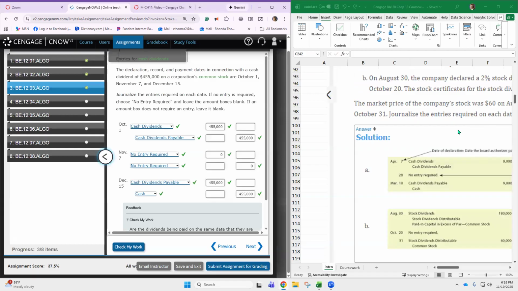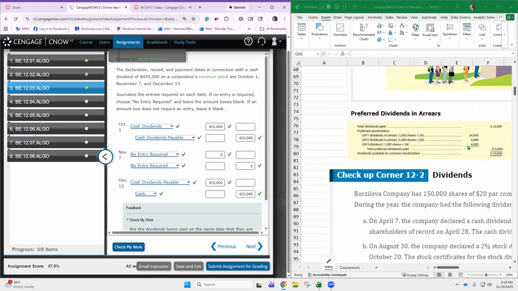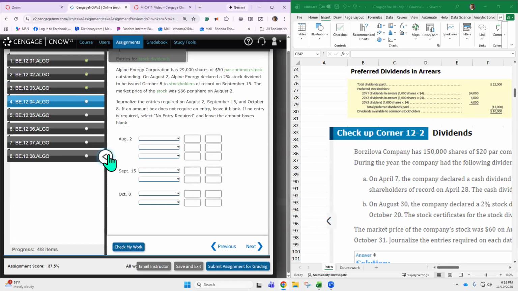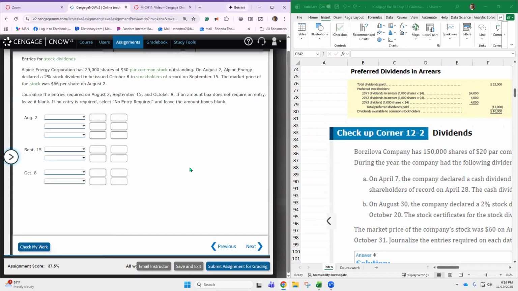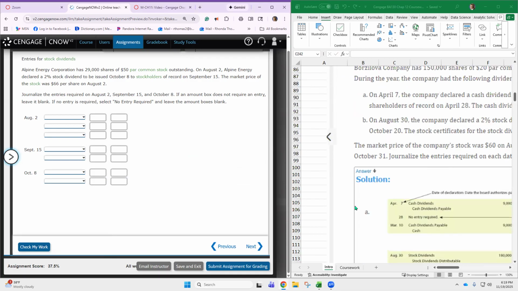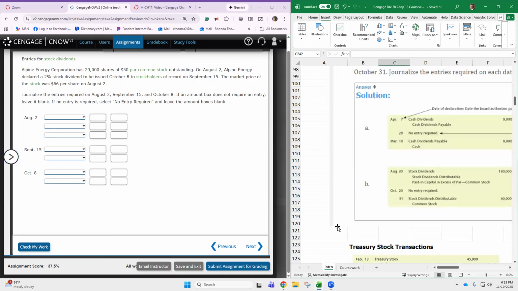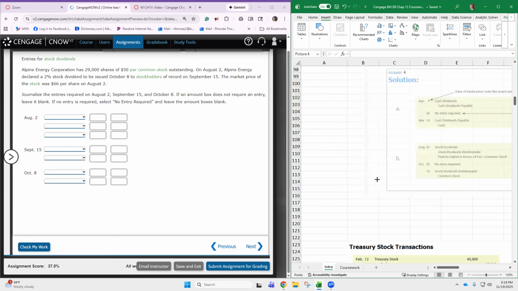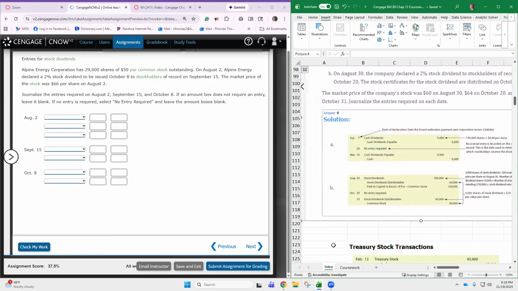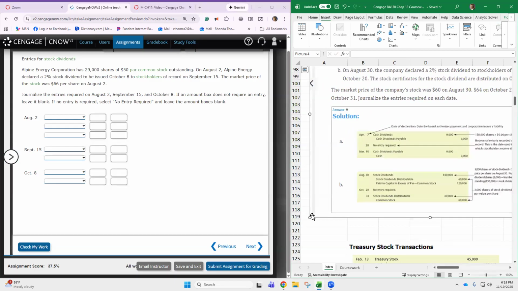Okay, so when dividends are declared, no, this is the stock dividend we're doing. Okay, that's fine. We are going to do a stock dividend, so hang on to your socks. This can get a little weird, but we've got a picture of how this works. We've got a process to look at, so hopefully we won't get so confused.